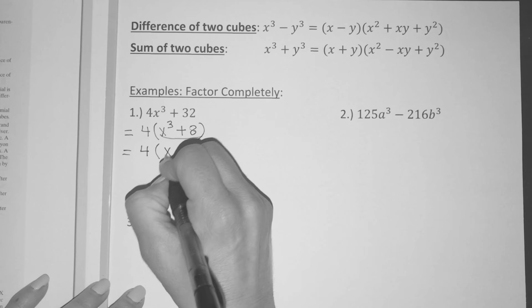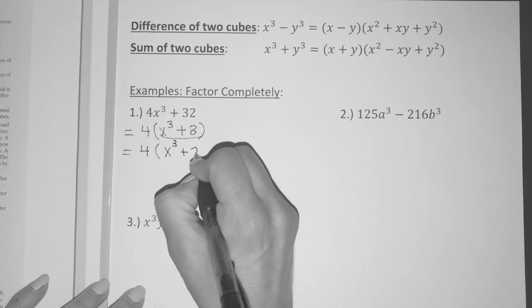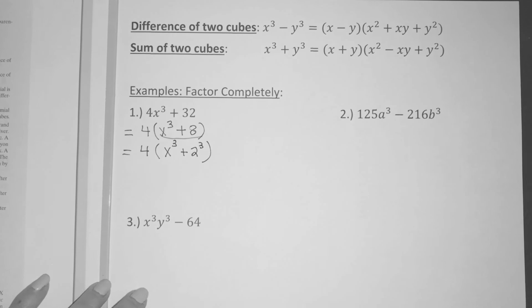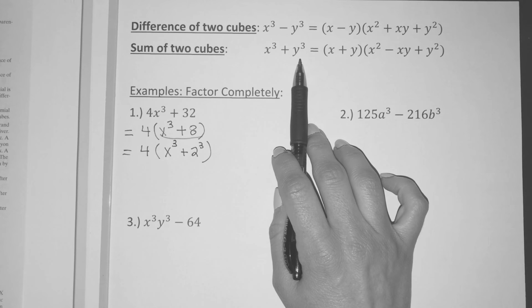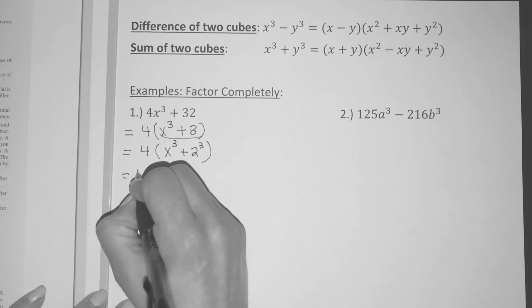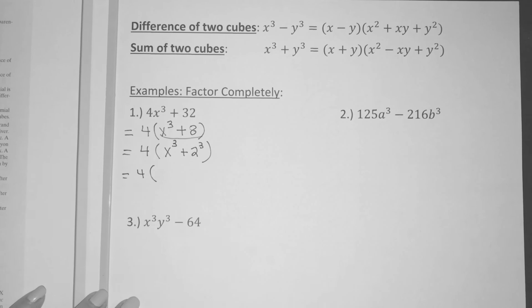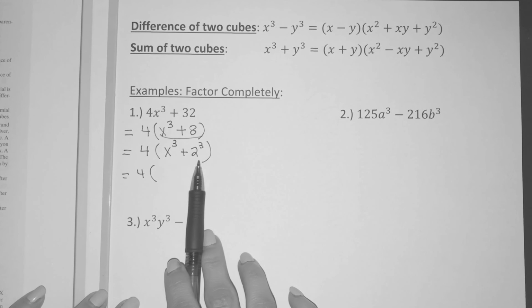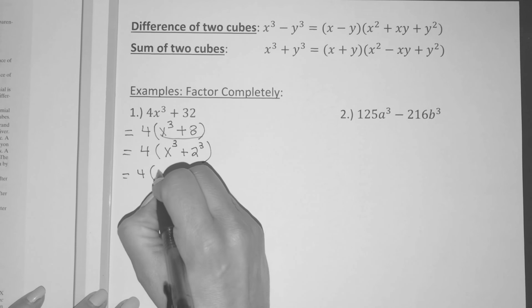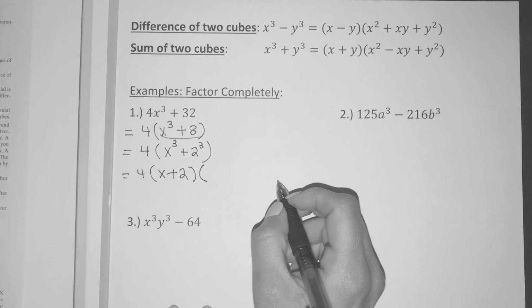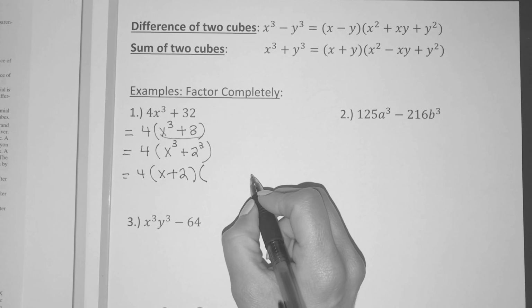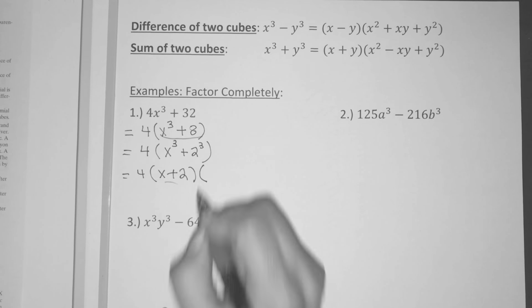You can write this as x cubed plus 2 cubed. That way you see the terms that are cubed, and then we can apply the second formula for sum of cubes. Remember that the first part is a binomial, so basically we just copy what we have here but without the exponents. The second part is always a trinomial, and to get it we just focus on x plus 2.